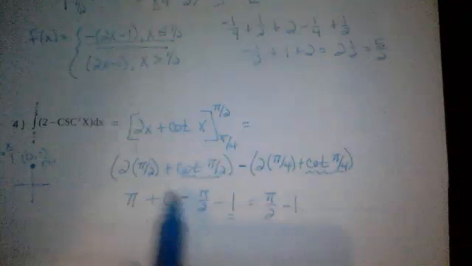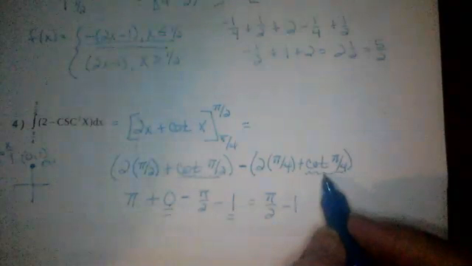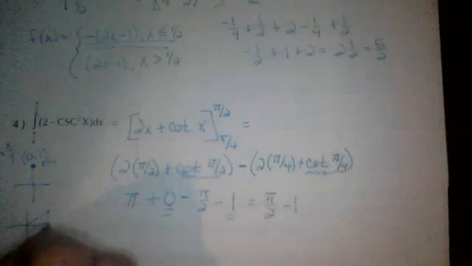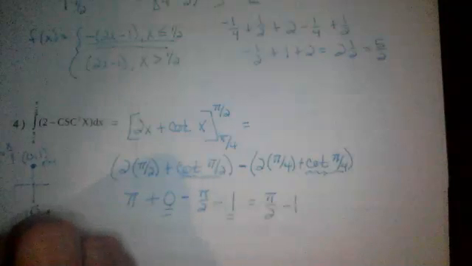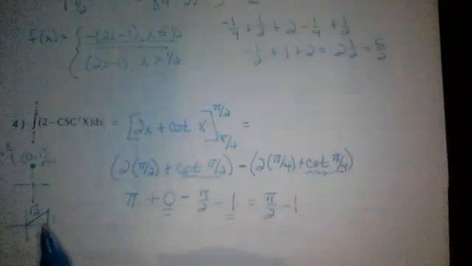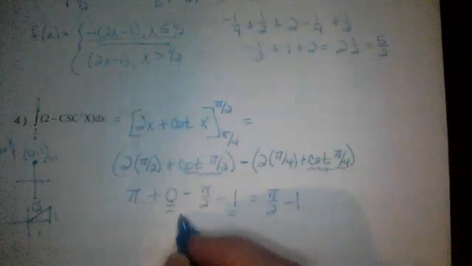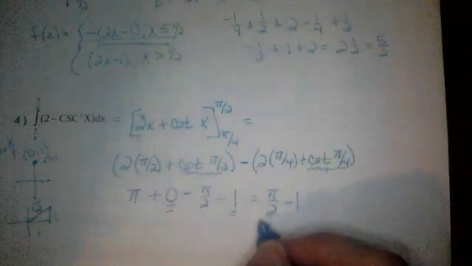So 0 over 1 gives me 0. And then for the cotangent of pi fourths, we've got 1 over square root of 2 for both coordinates. Cotangent is, again, x over y, so 1 over 1 is 1. So that's where those numbers came from. And so this is my answer.